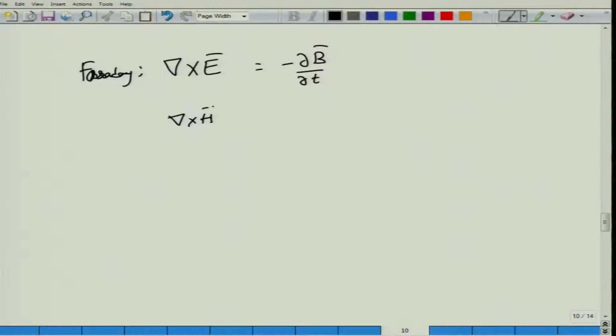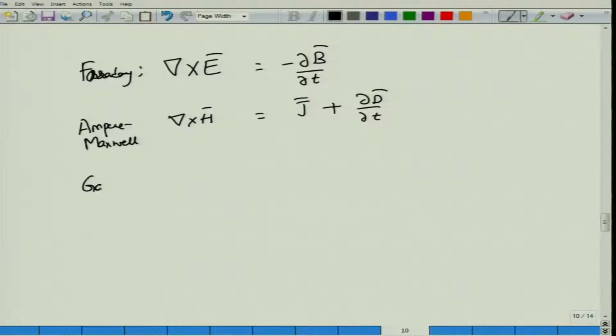Similarly, the curl of the magnetic field H is given by what we call the Ampere-Maxwell law, because Maxwell contributed the displacement current. This is given by the conduction current density J plus the displacement current density del D by del t, so that when you take del dot del cross H, there is no problem.